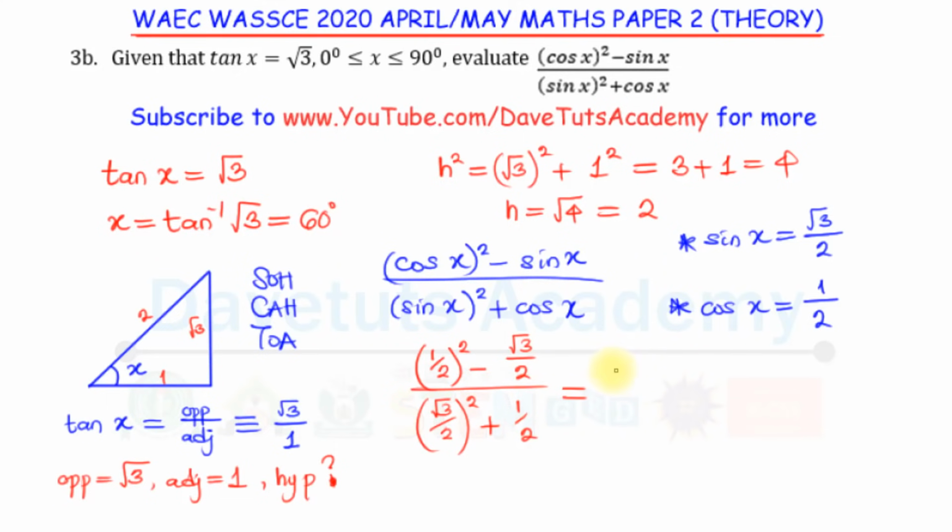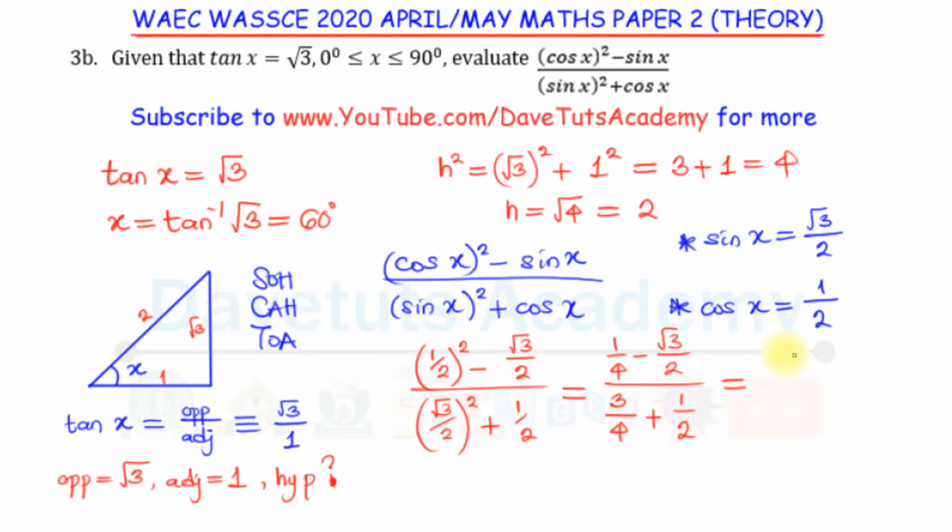So this is what we just need to solve. 1 over 2 raised to the power 2 is 1 over 4, minus root 3 over 2, divided by root 3 over 2 raised to the power 2. If we take it fraction-wise, at the numerator, root 3 raised to the power 2 will be 3, as explained initially. Then 2 raised to the power 2 is 4, plus 1 over 2.